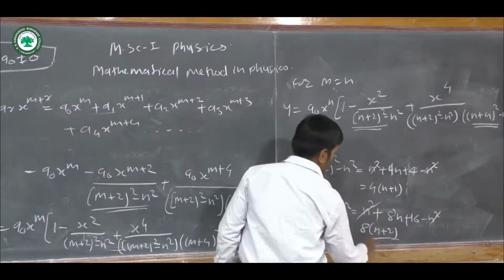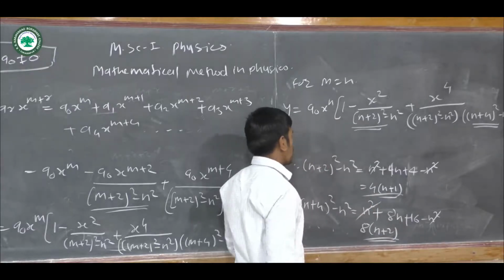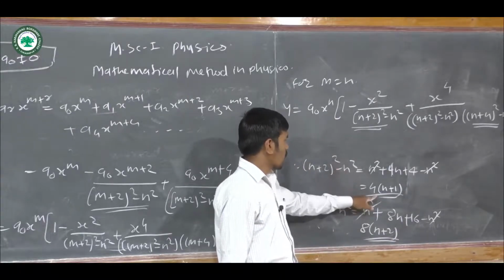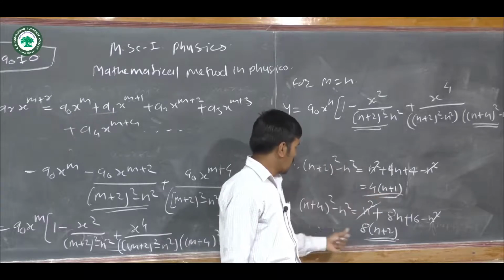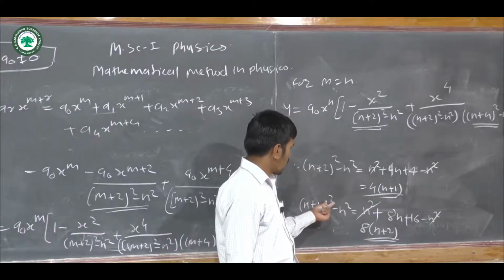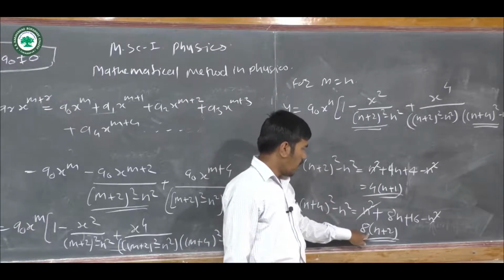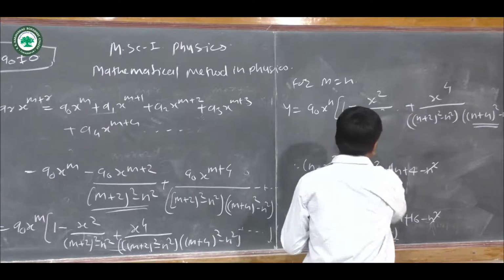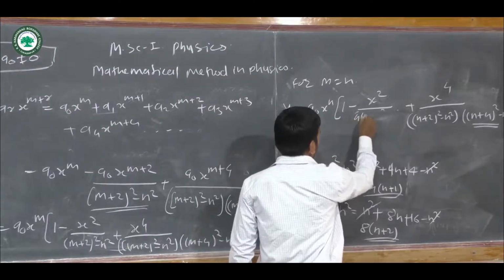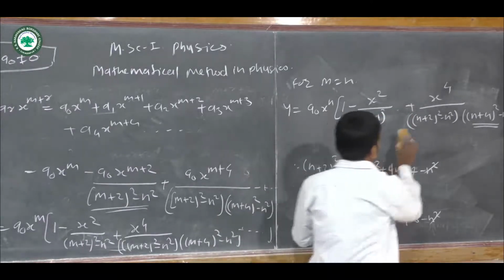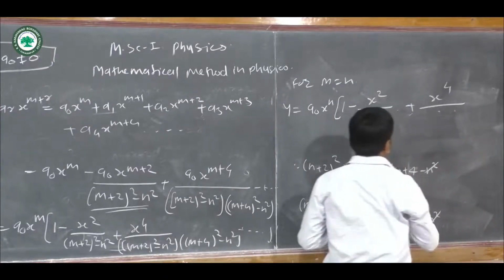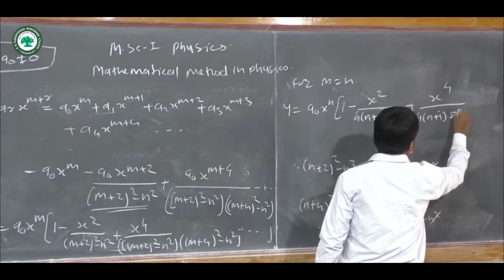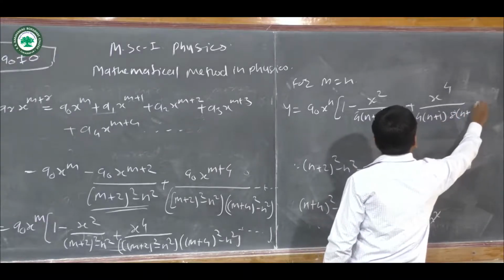So just replace (n plus 2) bracket square minus n square with 4 into (n plus 1), and (n plus 4) bracket square minus n square with 8 into (n plus 2). So I'm going to replace that: here 4 into (n plus 1) into 8 into (n plus 2) and so on.